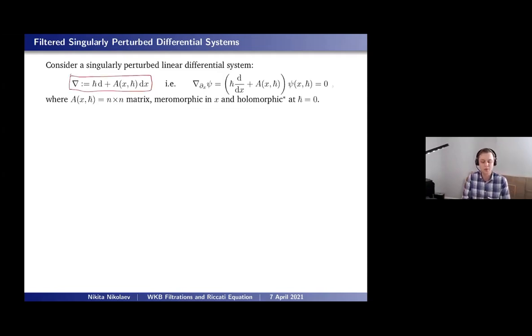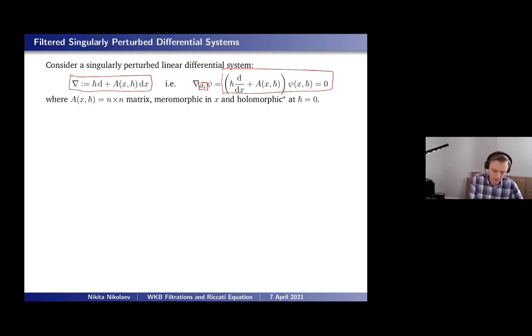Or to be even more concrete, I can input a vector field, and then this is literally a system of ordinary differential equations that looks like this, where A is for now an n by n matrix, which depends on X and on h bar, and I'll assume that it depends meromorphically on X, and that in h bar it's holomorphic at h bar equal to 0.